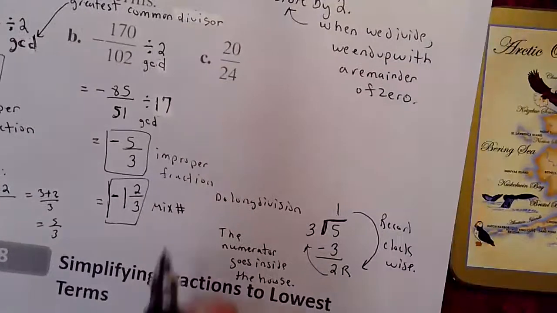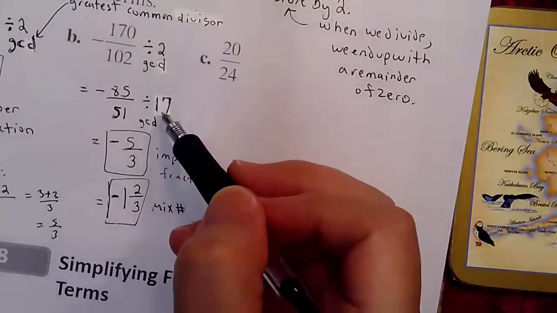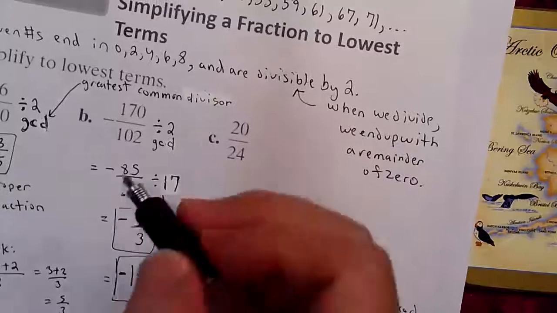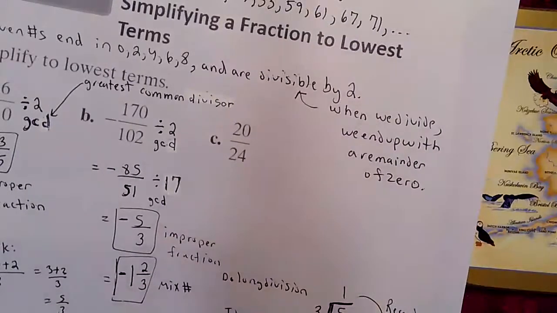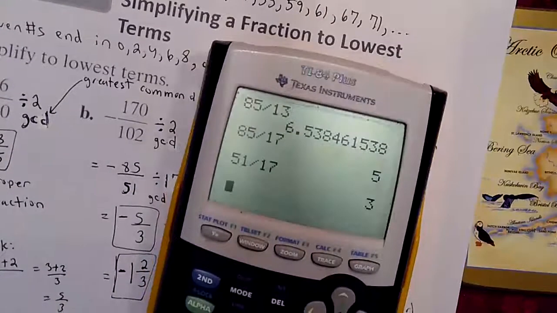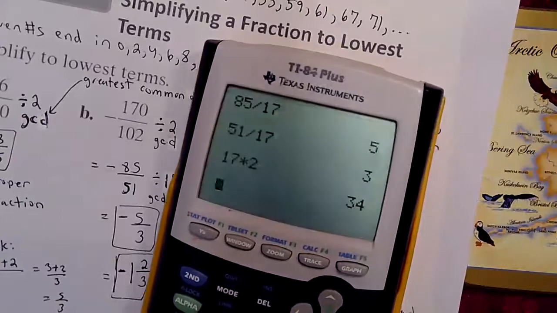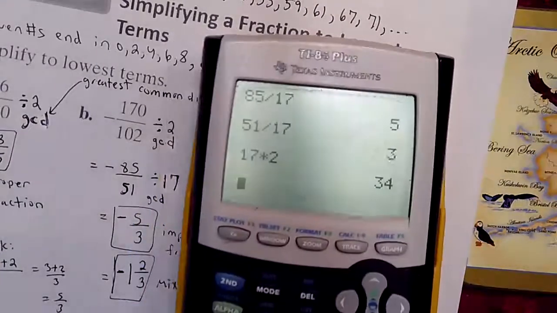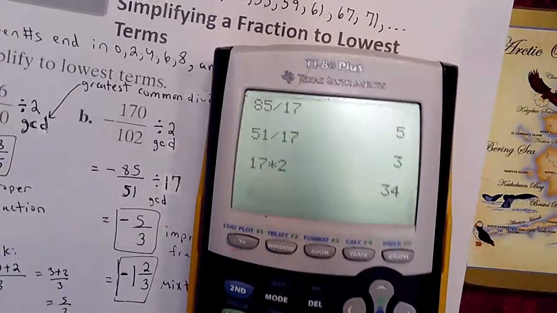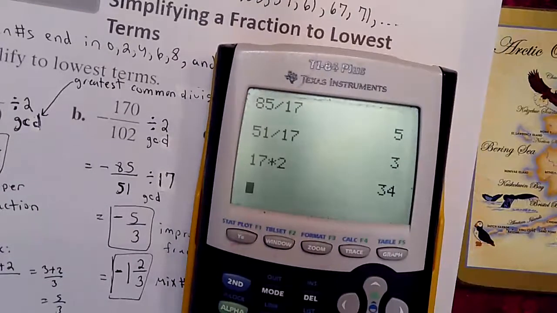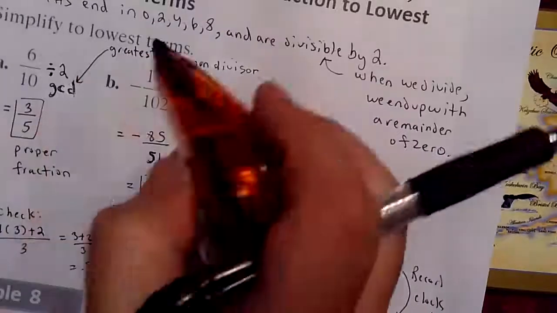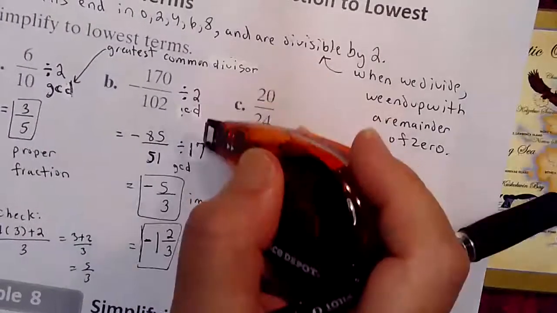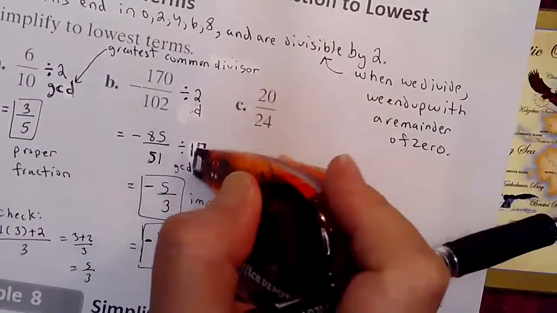Okay, so first we use 2 and then we use 17. Now that we've used 2 and 17, I can say, if I had done 34, that would have been the greatest common divisor. So in other words, these are actually just common divisors, not the greatest.